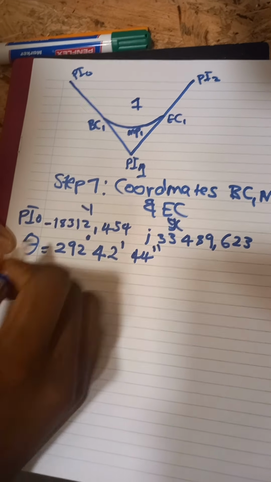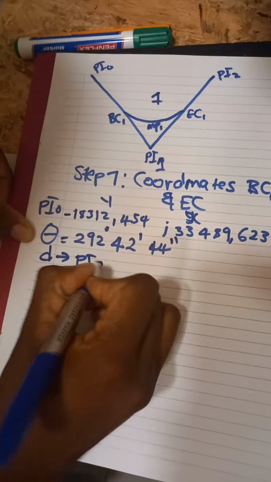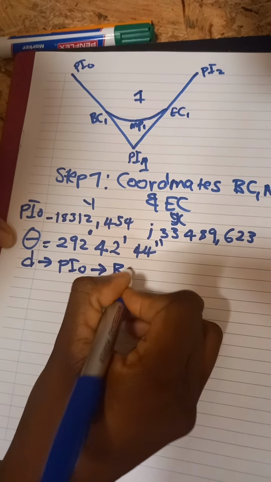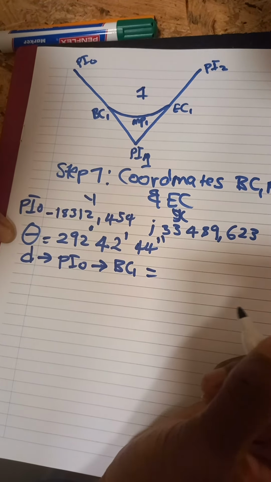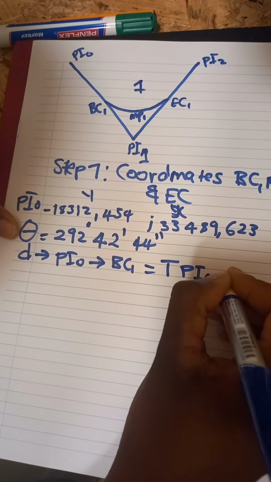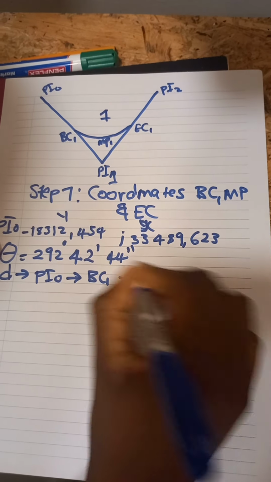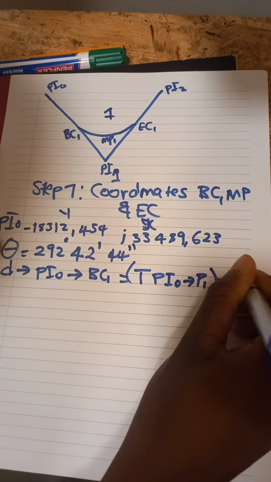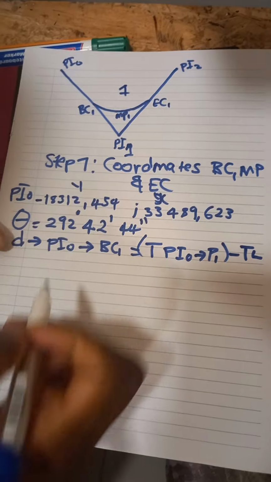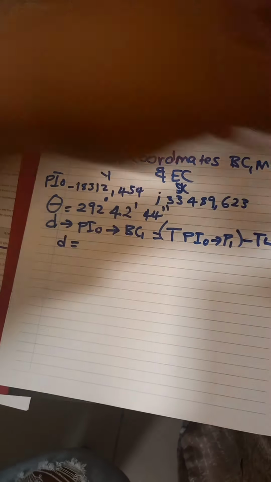What we also need is the distance from PI 0 to BC1. This is given by the total distance from PI 0 to PI 1 minus the tangent length. We know the tangent length is 116.